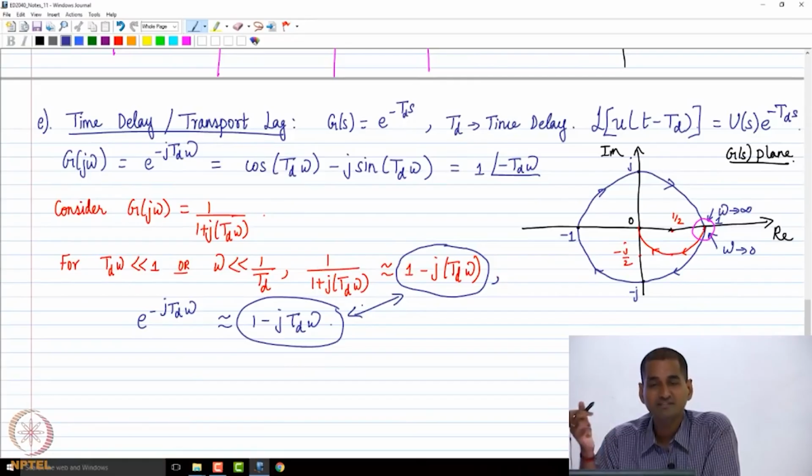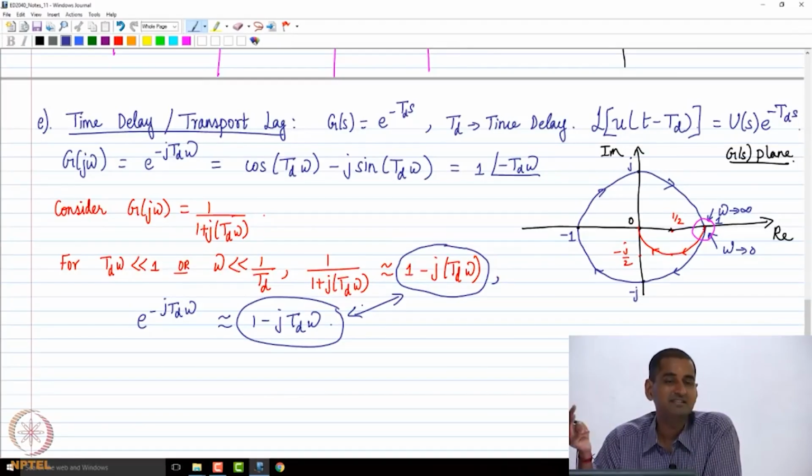Suppose I make this first order approximation, I approximate e power minus tds as 1 minus tds. I can use it as long as I am subjecting the system to inputs whose frequencies are much lower than 1 divided by TD. So that is something which we need to analyze.